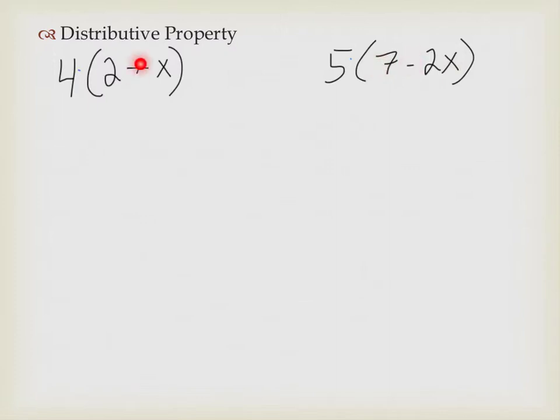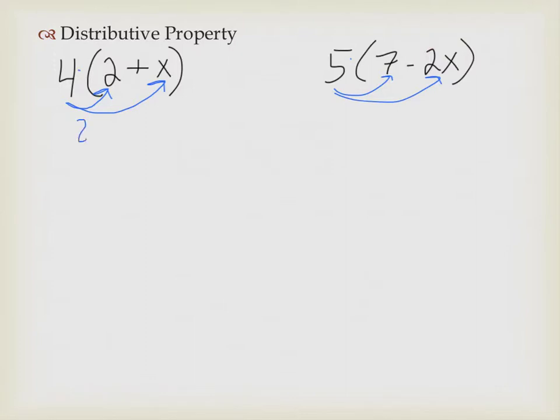In either of these situations, the distributive property says that we can distribute our 4 to each of these terms, or distribute our 5 to each of these terms. So the distributive property is multiplication over addition or subtraction.